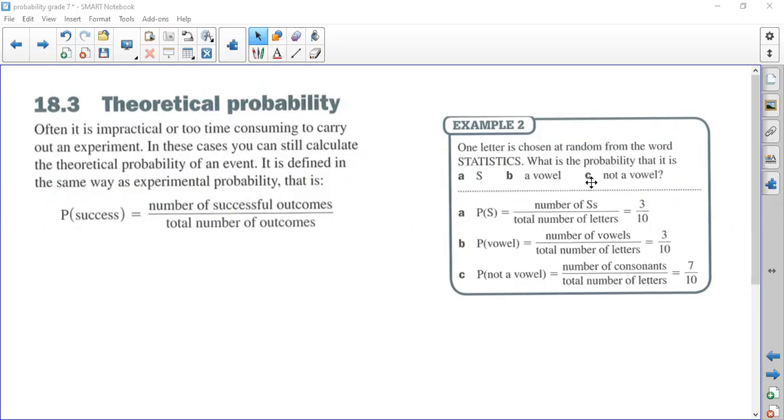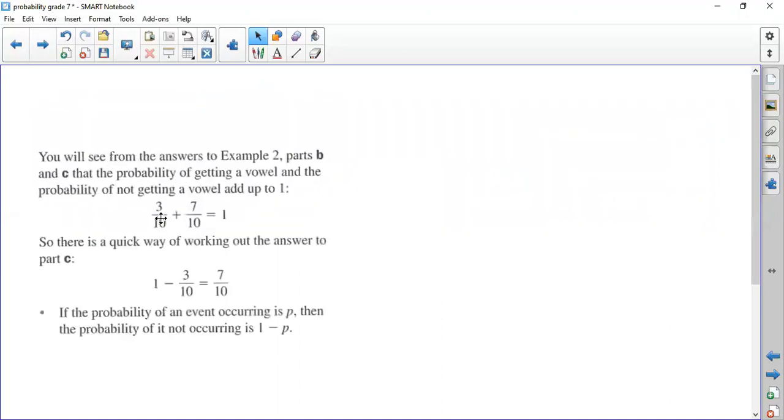And C is asking what is the probability for not getting a vowel. So the probability for not a vowel will be the number of letters which are not vowels over the total number of letters, which is 7 over 10. Another way to see this is by subtracting from 1 the probability of getting a vowel.